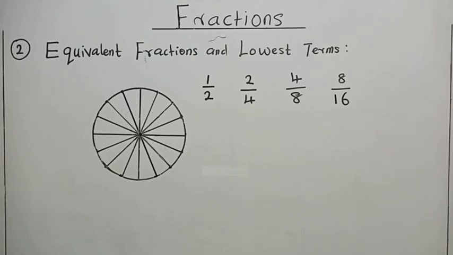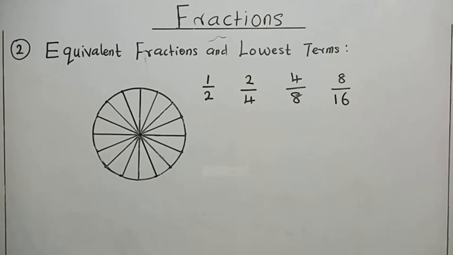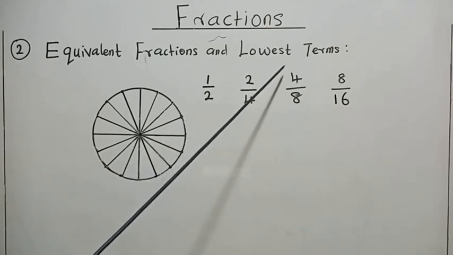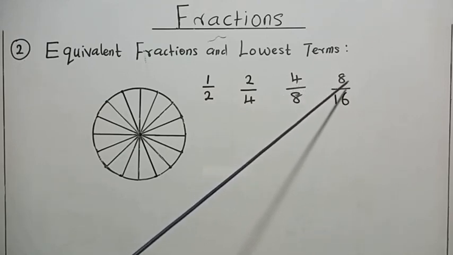Because of that, we now conclude that though the number of portions kept changing, the mass remained constant. If the mass of that one portion of the orange is the value attached to it, since all now have equal mass, we conclude that the value of 1/2 is the same thing as the value of 2/4, the same thing as the value of 4/8, the same thing as the value of 8/16.